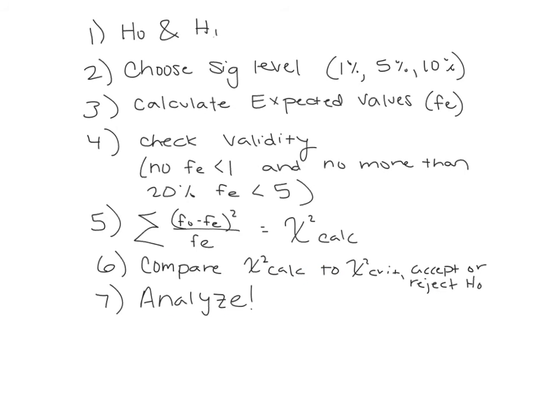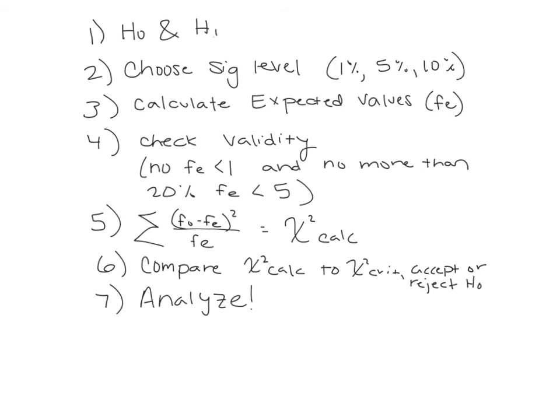So to summarize, I just want to look back at what we did. We started out by identifying our null hypothesis and our alternate hypothesis using the terminology of is independent or not associated, or dependent or associated. Those are the terminologies that IB accepts.